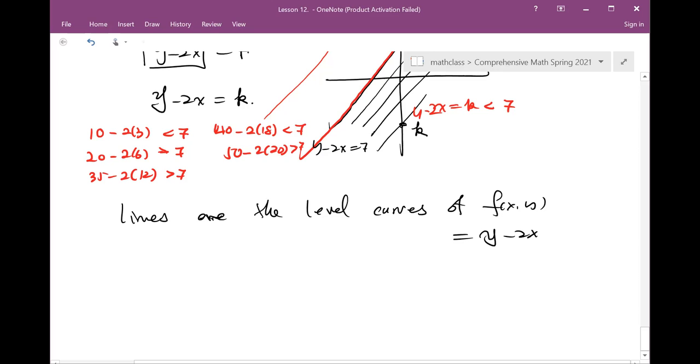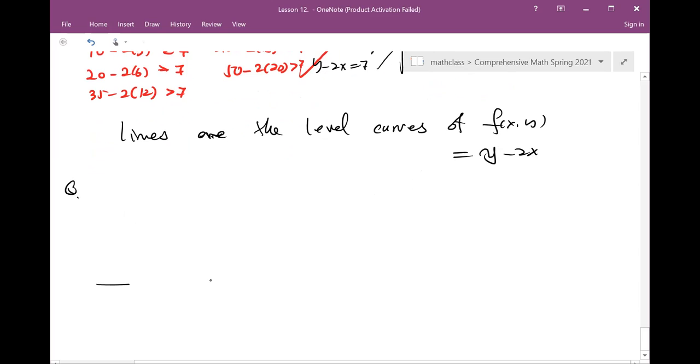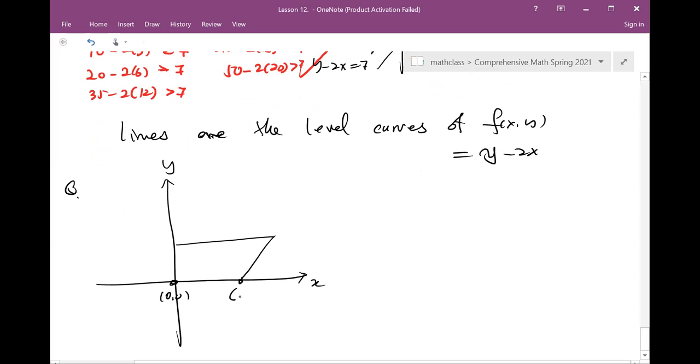All right, let's take a look at the next problem. I'm going to draw the picture here. This is in the XY coordinate system. I have the point 0, 0, a point 8, 0, and 11 and 4, and here 0 and 4.